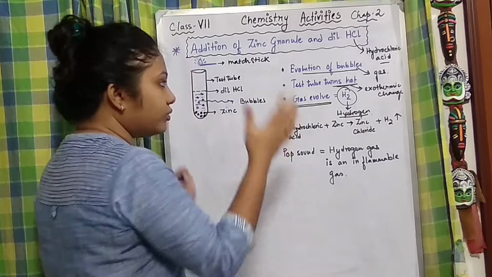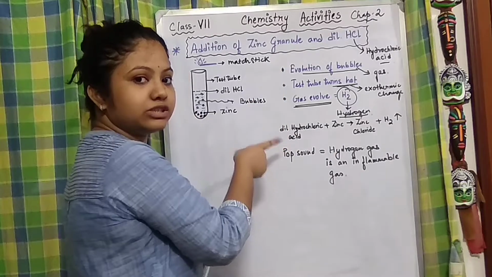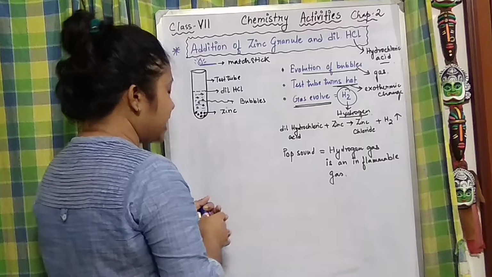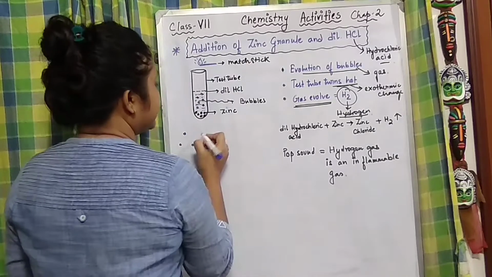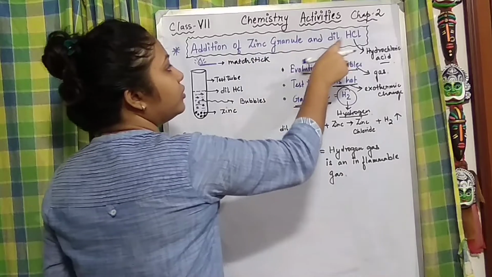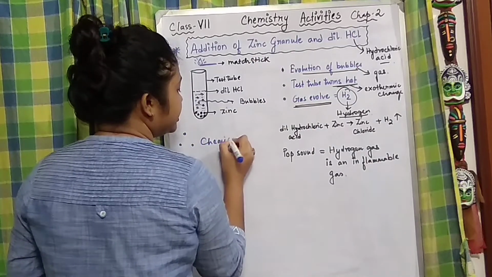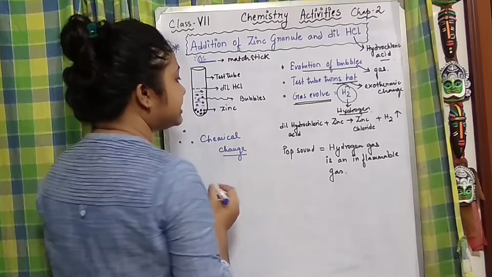Okay, now when we are summing up, these are the three changes which are happening, and this is proving that this entire experiment, the addition of zinc granules to the dilute hydrochloric acid, is a chemical change. And why is this?